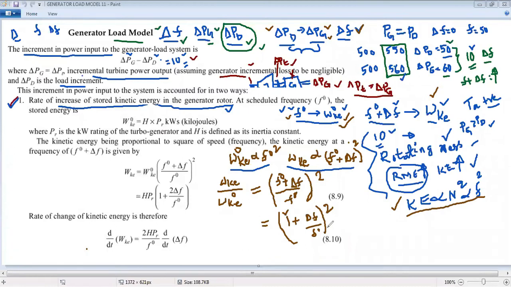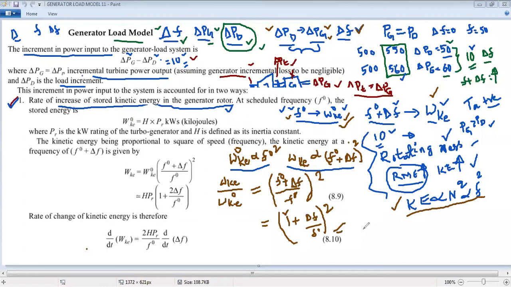This delta f by f naught is actually very small, because delta f is a very small change in the frequency, approximately 1 Hz or 0.5 Hz, but f naught here is 50 Hz. So this term is very small. Now for this you apply the Taylor series.